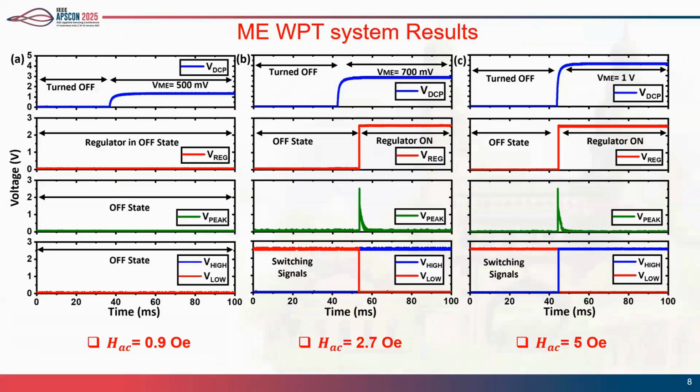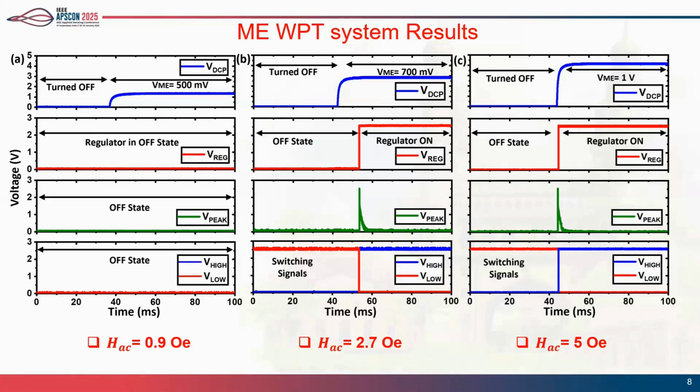And these are the results that we got from the entire system, integrating the antenna and the power management circuit. You can see that if the magnetic field is less than 1 oersted, it cannot charge the circuit, so it could not turn on. Like, if you see, the ME voltage is 500 millivolt, but the regulator could not turn on because the regulator needs 2.7 volt after multiplying also.